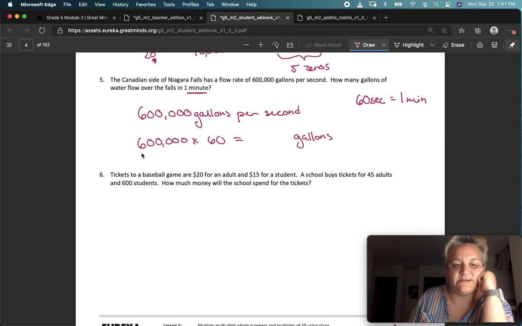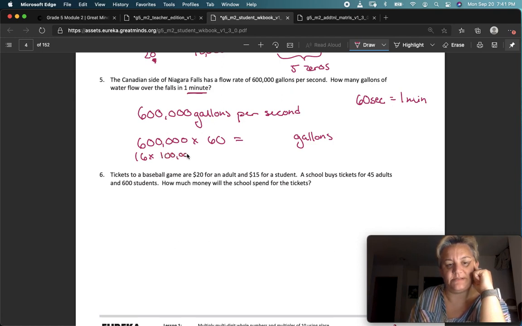So let's solve this with our distributive property. I want to call this 6 times 100,000, and this 6 times 10. And I'm going to move the 6 over here, and the 100,000 over there.